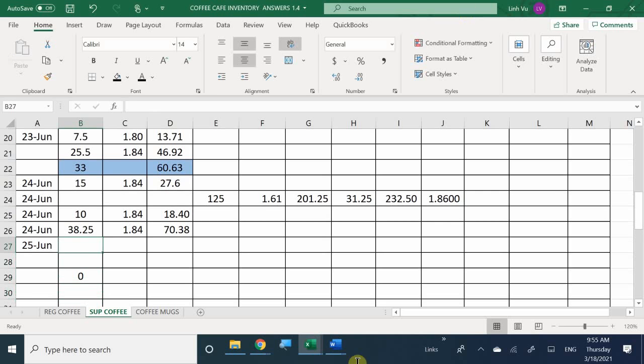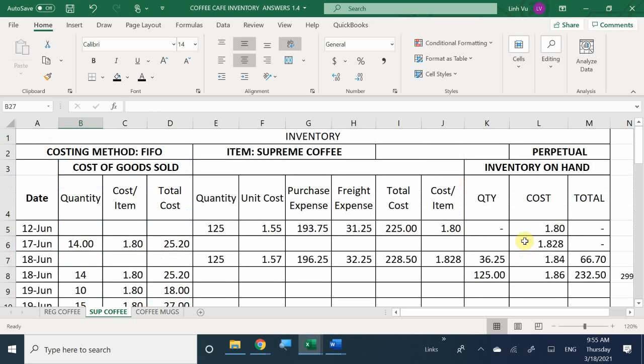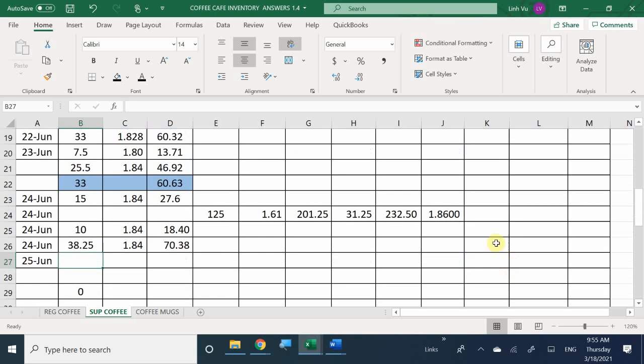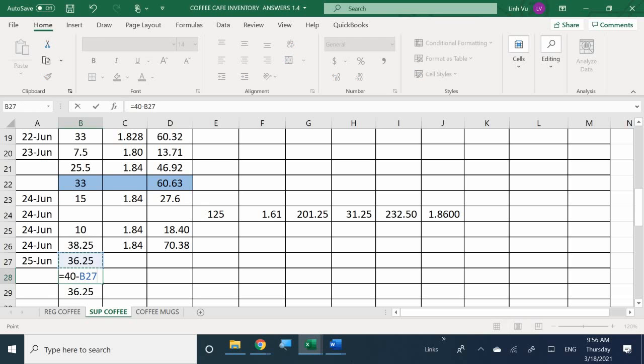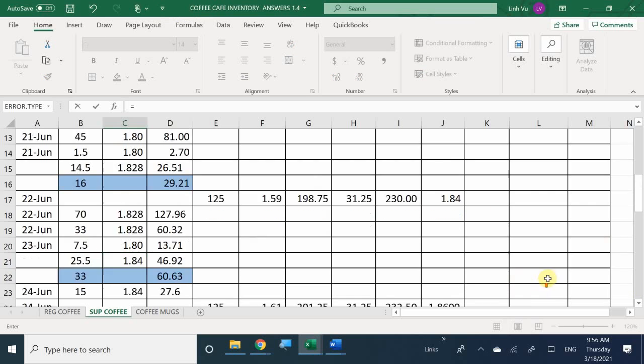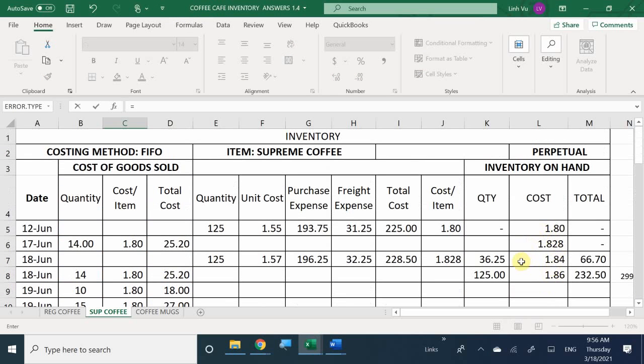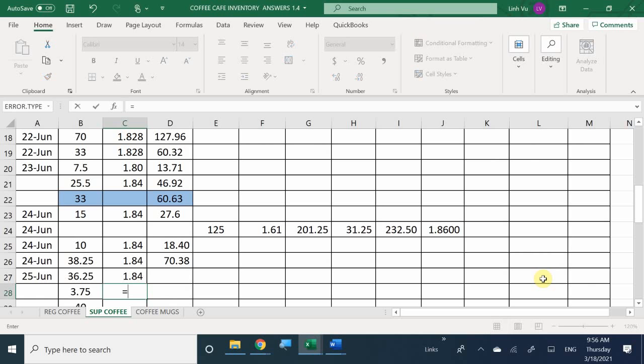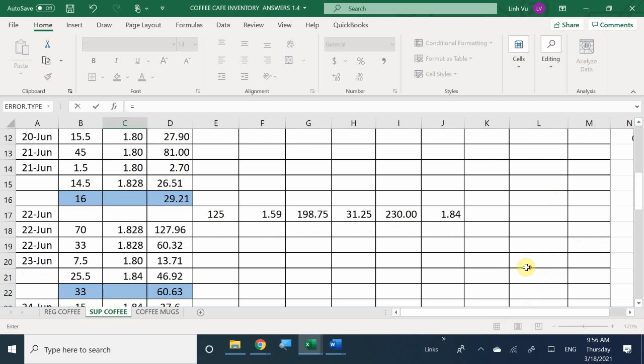Okay, so what was that amount for? 36.25. Okay, how many more do we need to get to 40? 3.75. Okay, so again, you can calculate this. And then the other one is for 1.86.